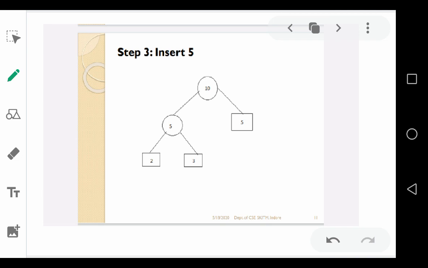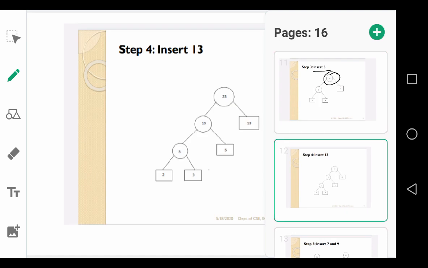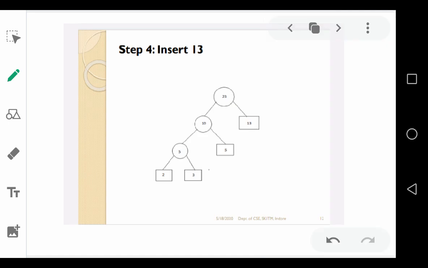After this, next we insert the next smallest element, that is 5. So here at the root we get 10. Next we insert the element 13.